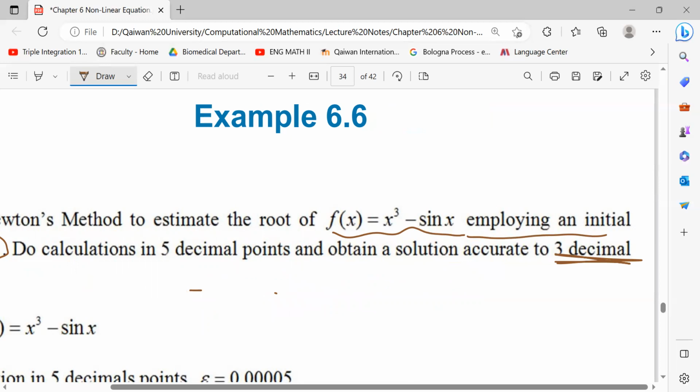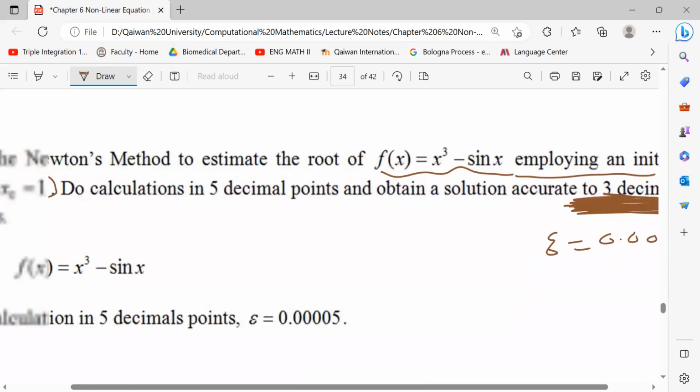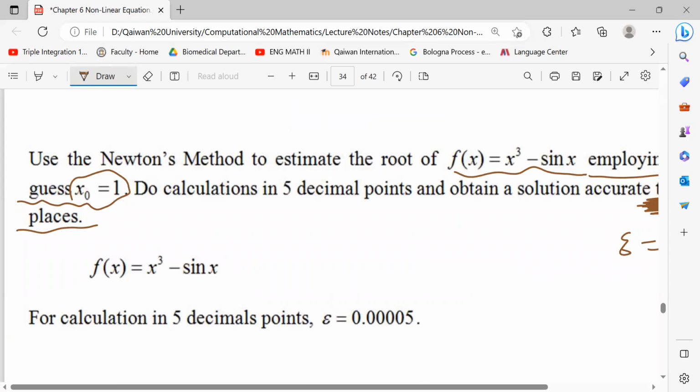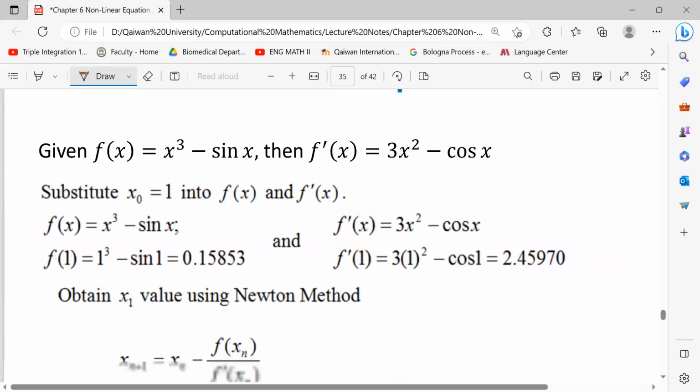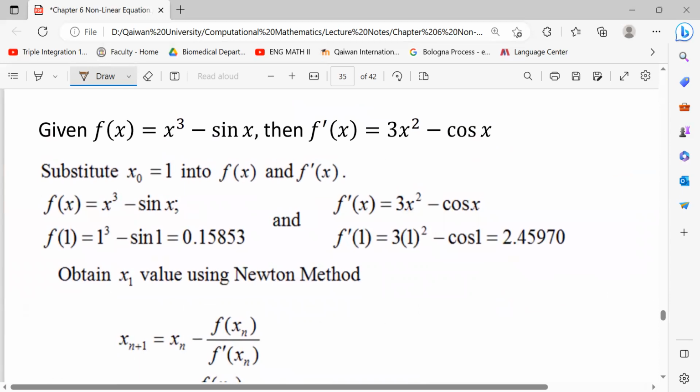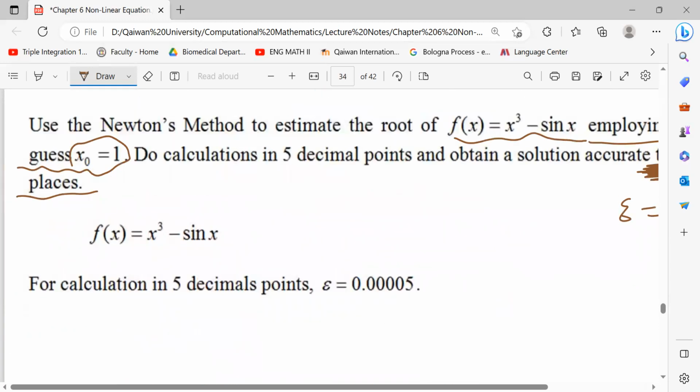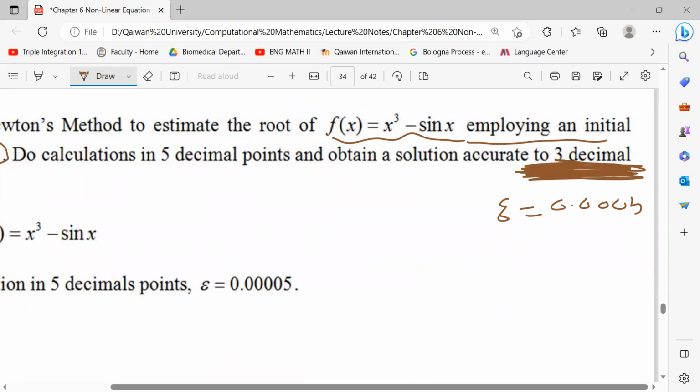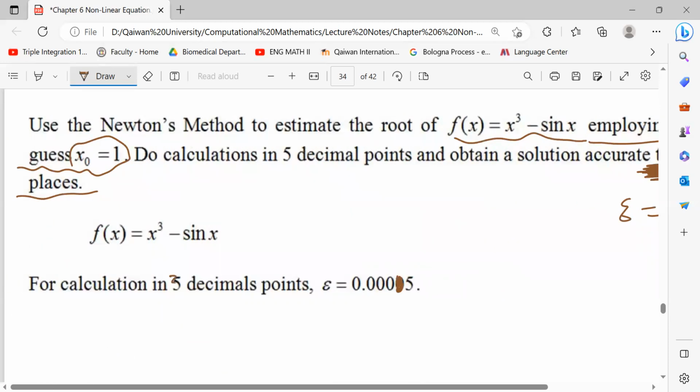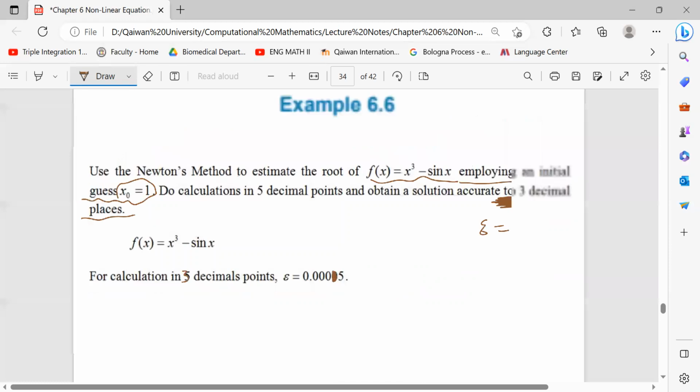And it says do the calculation for 3 decimal points, so epsilon is 0.0005. Let me check. Yes, 3 zeros and 5. It is 3 decimal points.